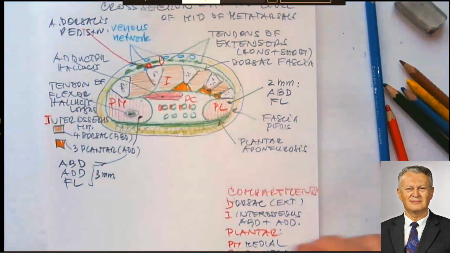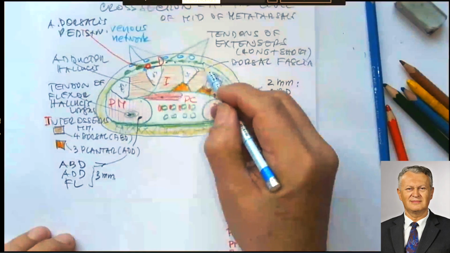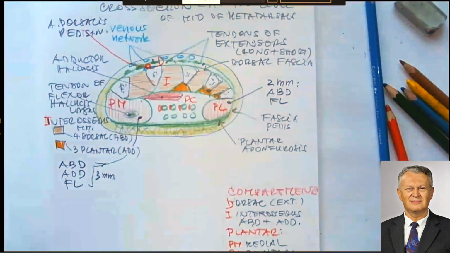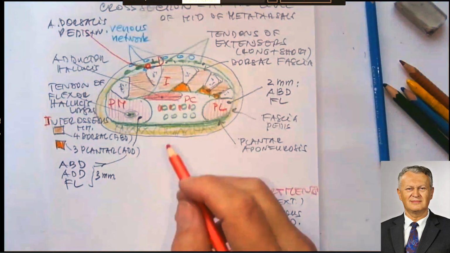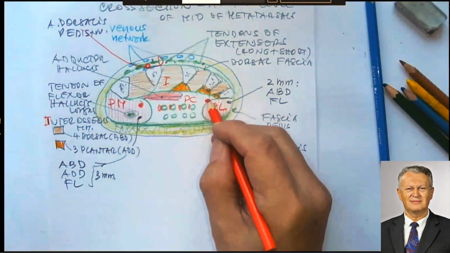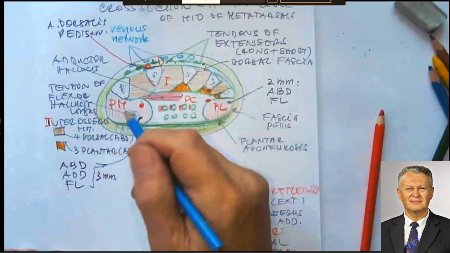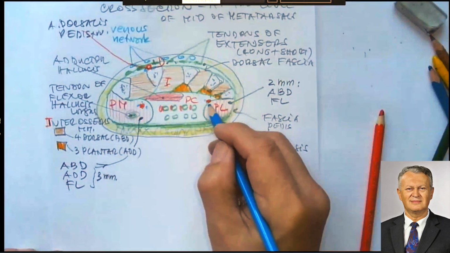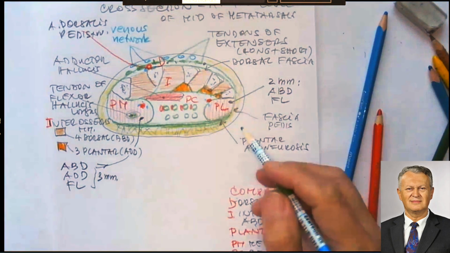Then we need also the nerves, superficial nerves. Yes, we have seen them. And then also on the plantar side, there are branches of the medial and lateral plantar arteries with accompanying veins.